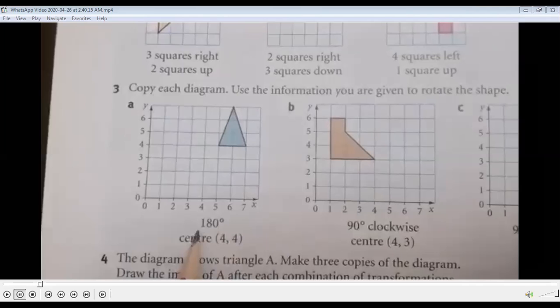If you turn your paper once, that's 90 degrees. If they tell you 180 degrees, you turn your paper twice. If it's 270 degrees, in general it's either 90 or 180. 270 we rarely see, but if you see it, it's 3 turns.